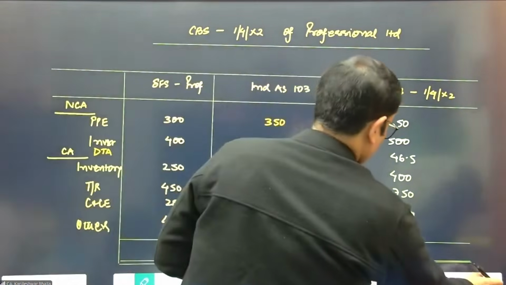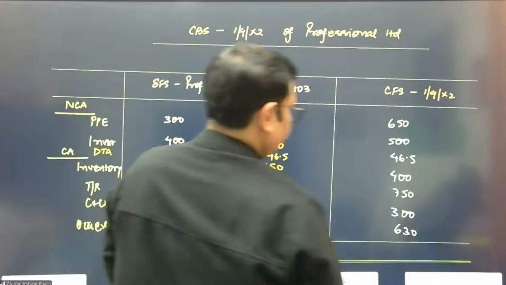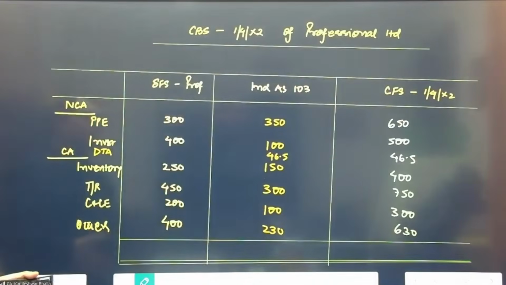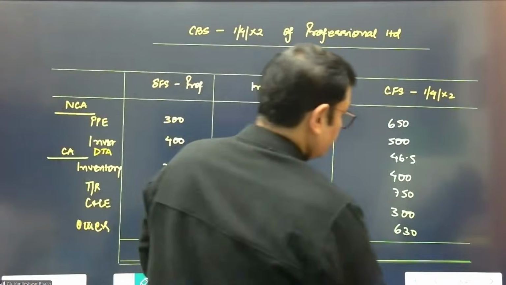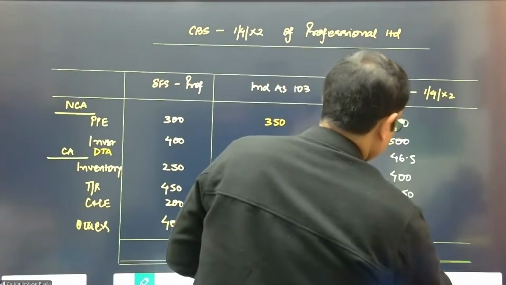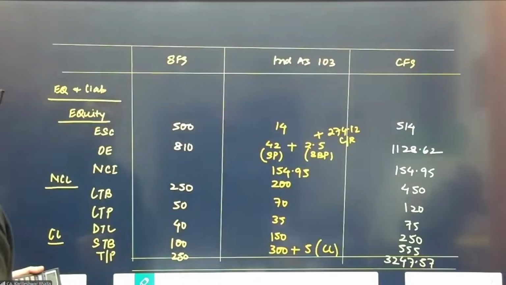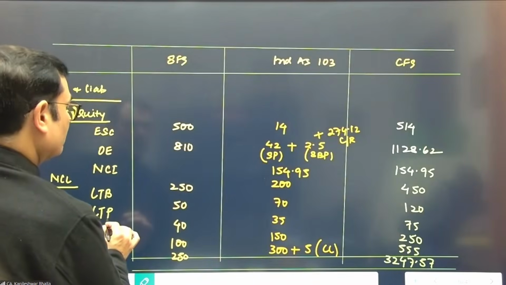It comes to 3276.5. There is some difference coming in. Did I miss out anything? I think the deferred consideration is missing, right? There was a DC which is missing. So DC should also be added out here.